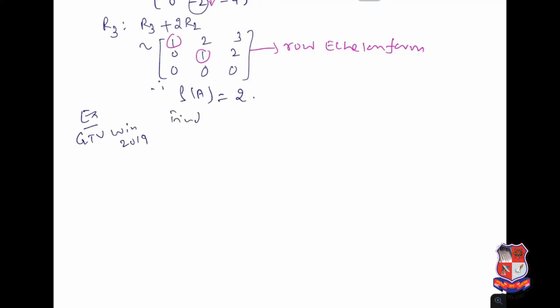Find the rank by reducing to echelon form, row echelon form.